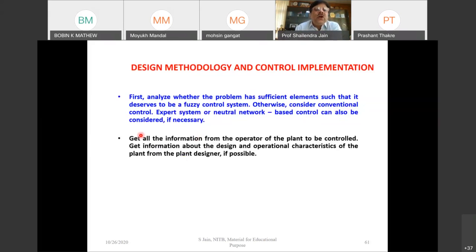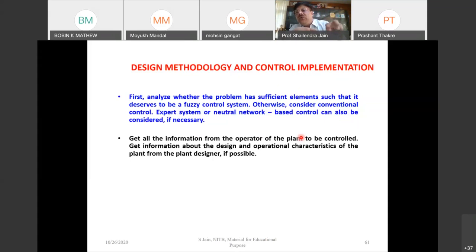Then you have to get all the information from the operator of the plant to be controlled. As I told you, your experience matters. You have to collect the information most of the time. For example, if you are taking some strategy for marketing a product, these people will do a market survey from the consumers. So they collect the sample. For example, at polling time, they give an opinion poll on which party will form the government.